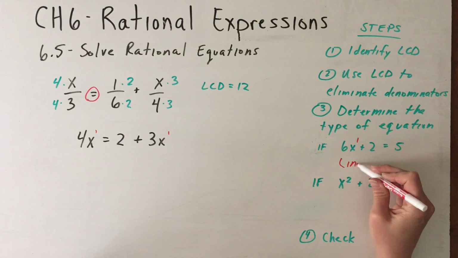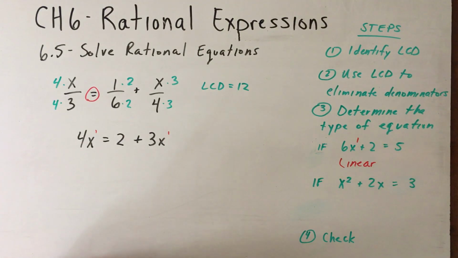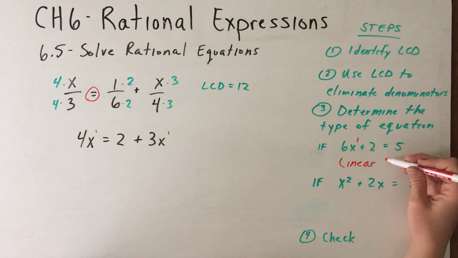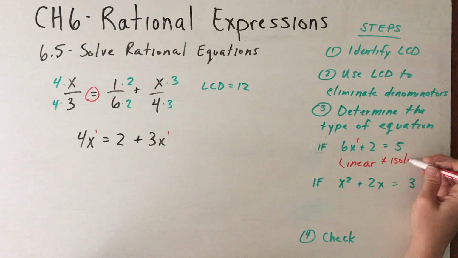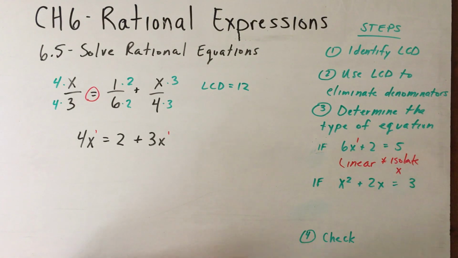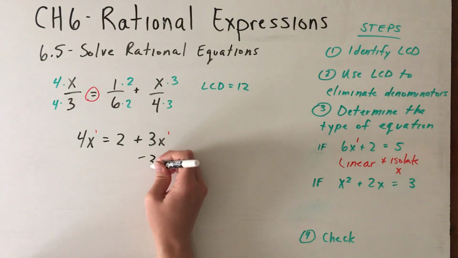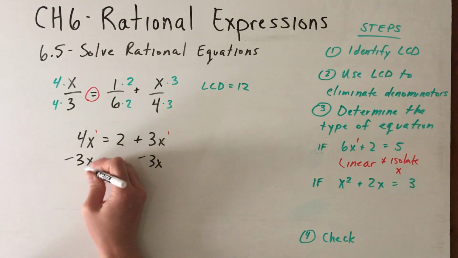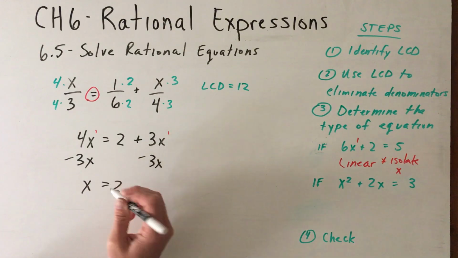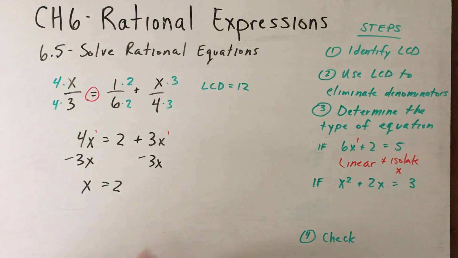And if it's linear, then I want to solve it by isolating x. That means in this case I would subtract the 3x, and I'd get that x is 2. Great. So we determined the type of equation, it's linear, and I solved it by isolating x.